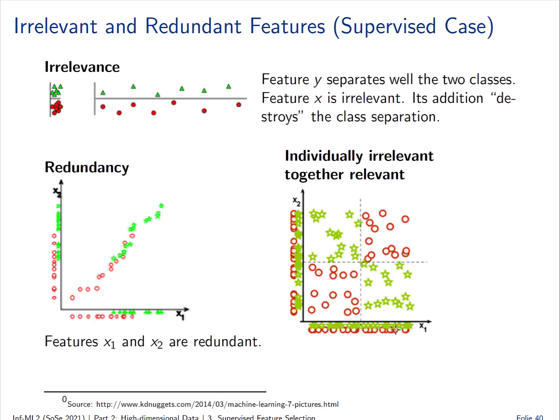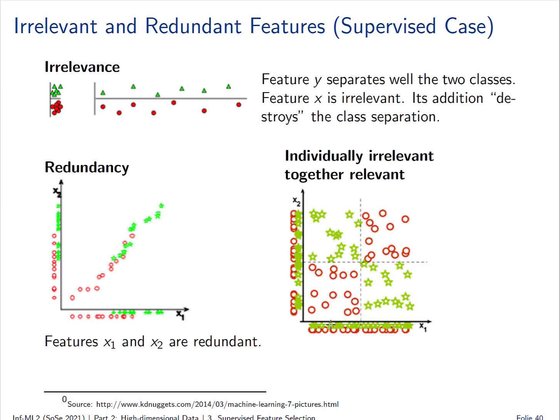And we couldn't do that by just looking at x1 or x2. If we just look at x1 individually or x2 individually, that's absolutely a nightmare. So just so that you see that the combination of two irrelevant features might produce a relevant attribute, or a relevant space, so to say.